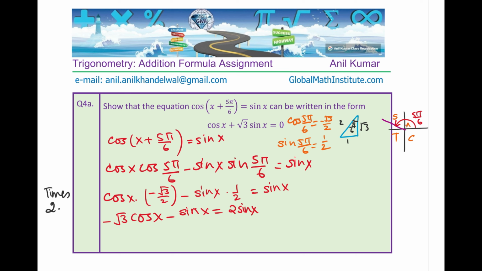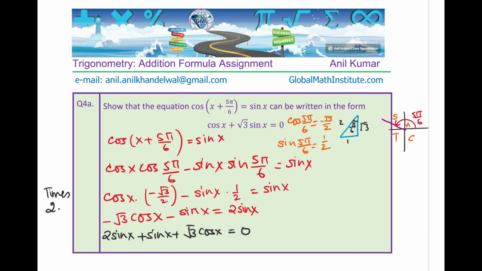Now bringing them together, we get 2 sin x plus sin x plus square root 3 cos x equals 0. But we want only cos x, so what we can do is divide by square root 3.